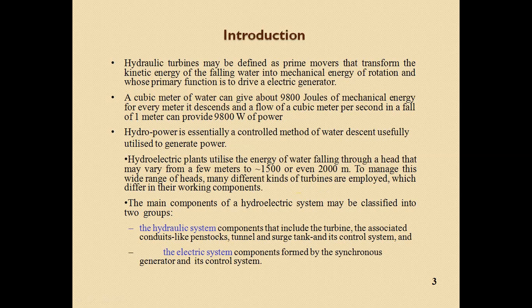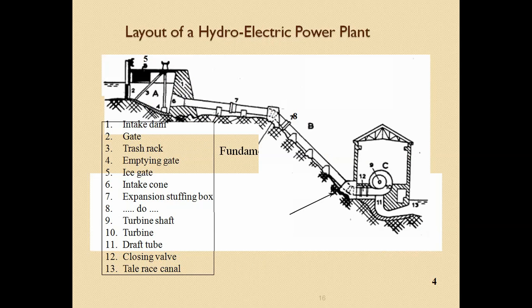The main components of a hydroelectric system may be classified into two groups: the hydraulic system and the electric system. The hydraulic system components include the turbines, the associated conduits like penstock, tunnel and surge tank, and its control system. The electric system components are formed by the synchronous generator and its control system.